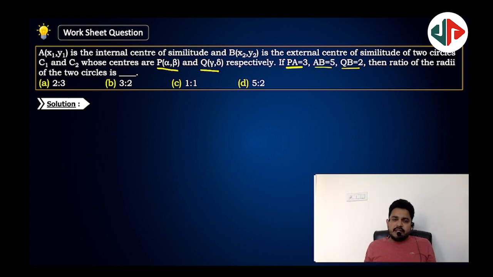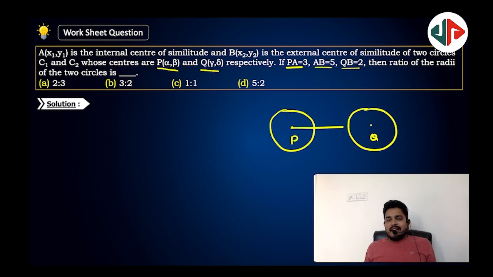So you need to understand here, this is P, this is Q. These are the centers of two circles, and the external center of similitude and internal center of similitude will be on this line, which divides in the ratio of R1 is to R2 internally, and externally it divides in the ratio minus R1 is to R2.